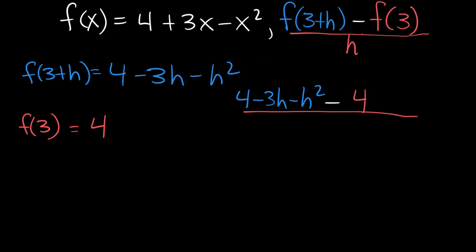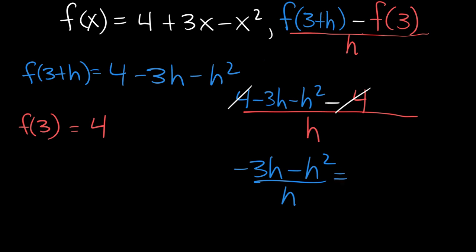all over h. So further, what we can do is we can have the 4 minus 4, which is nothing. And what we're left with is negative 3h minus h squared all over h. And then what we can do is factor out an h from the numerator.